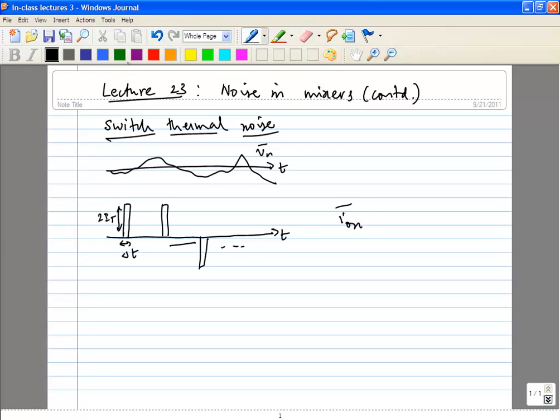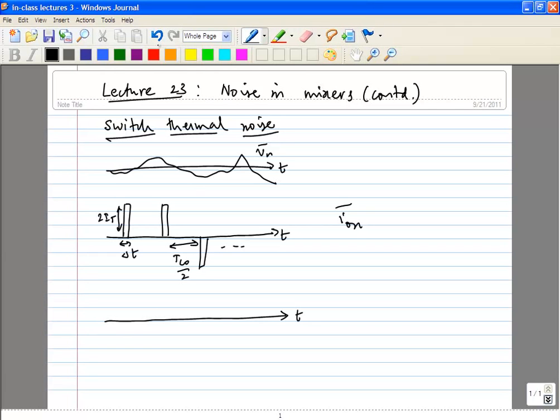And the other thing is, it occurs every half period. So to simplify the analysis, we'll replace it with another train of pulses, except that instead of having the pulse width change every period, we'll keep the pulse width constant, but change the pulse amplitude such that the overall noise added is the same.